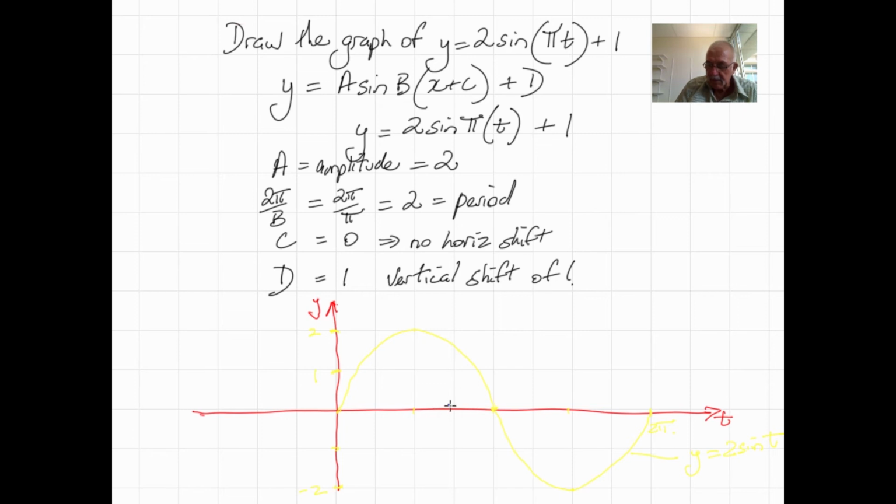So it'll be 2. So let's just make that 2. And then we've got halfway from there to there will be equal to 1, halfway and halfway. And so what is this graph going to look like?